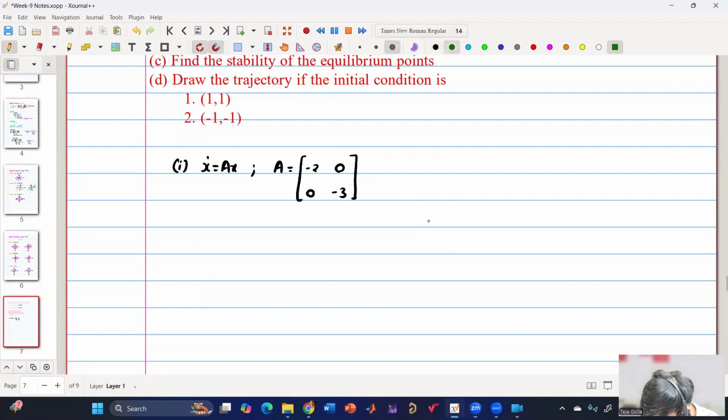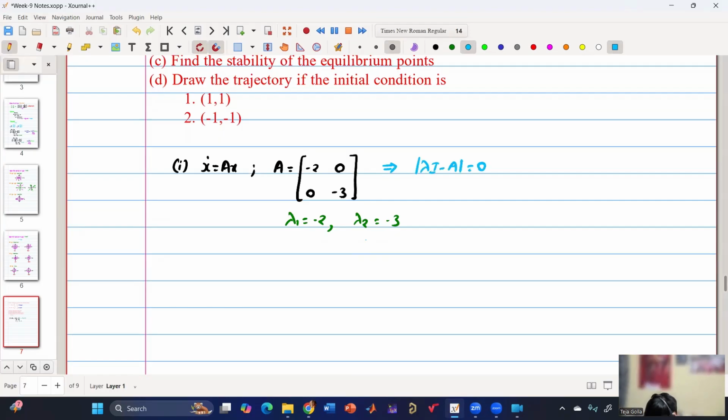We can directly tell that my eigenvalues are lambda 1 equal to -2 and lambda 2 equal to -3. From this, we can get that my eigenvalues are -2 and -3. Can you tell me what the eigenvectors are? We have also solved this just now, but you can also calculate and let me know. For anyone who might not have attended, we can calculate the determinant of lambda I minus A equal to 0, and from there, we can get -2 and -3.